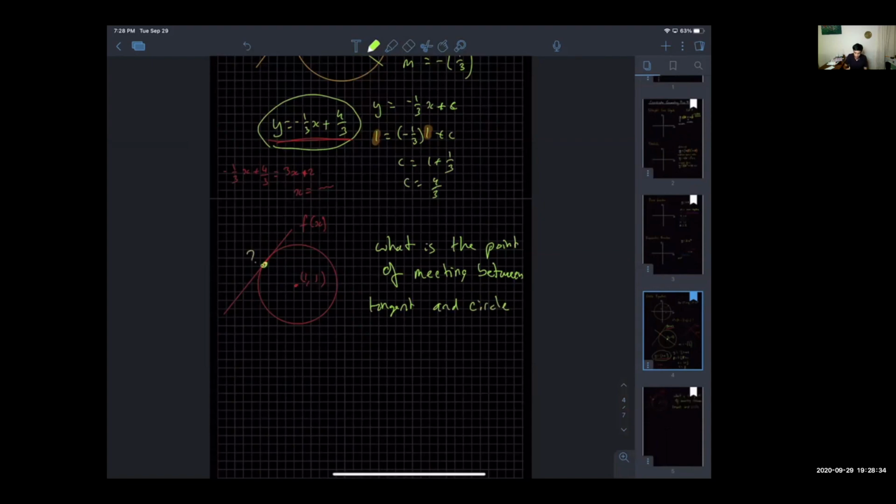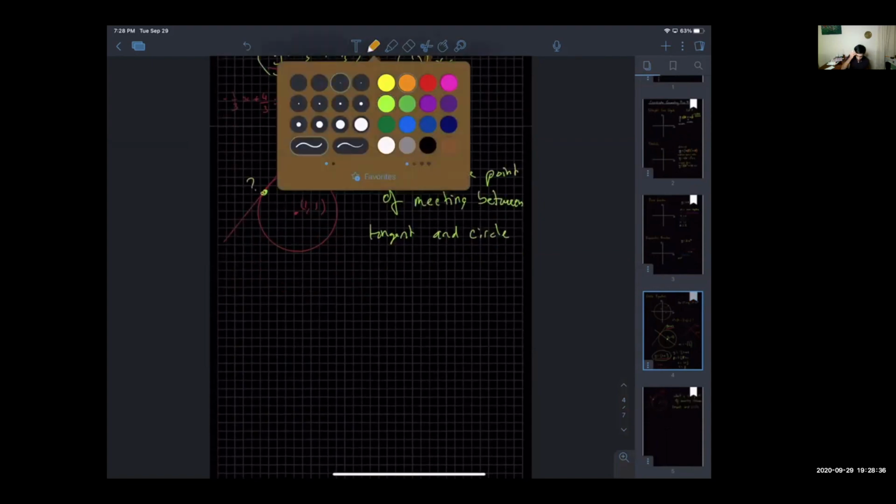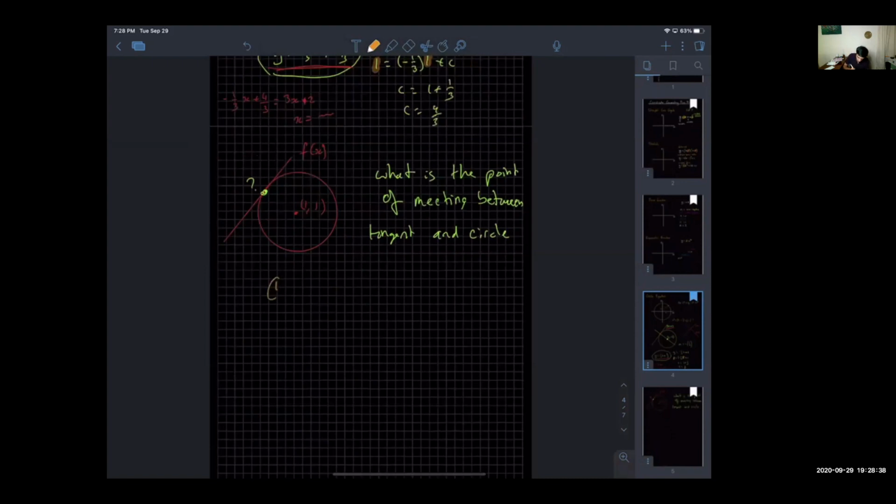If that's the question, break this down into the following. First, find the gradient of the perpendicular to f of x, which is this line here.